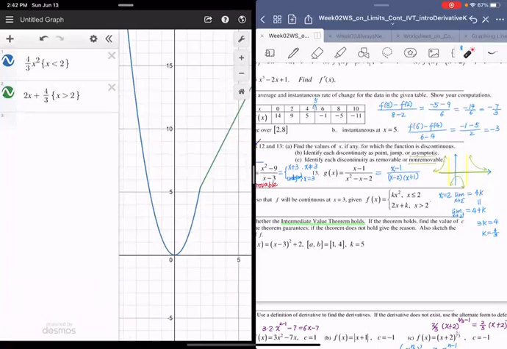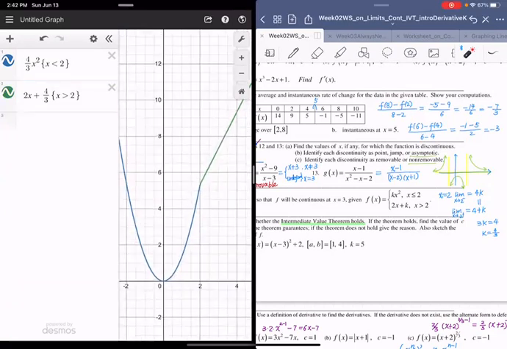But listen, this point there is called a cusp. This is called a cusp point. Even though it is continuous, you look at this, this is not smooth, okay? That point is not smooth. The slope from the left does not equal the slope from the right.